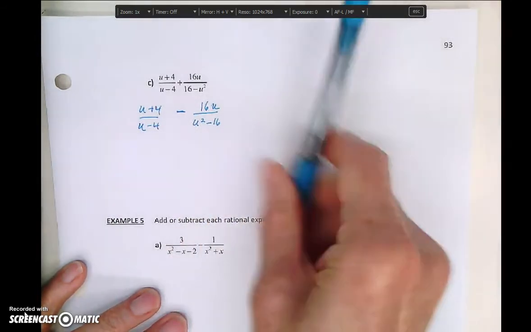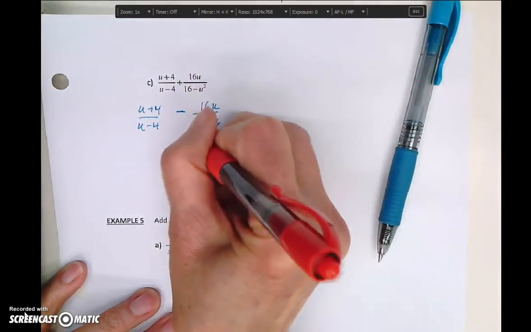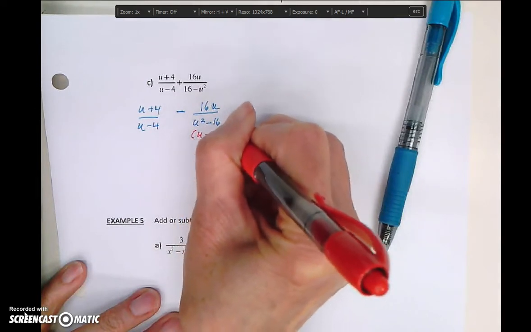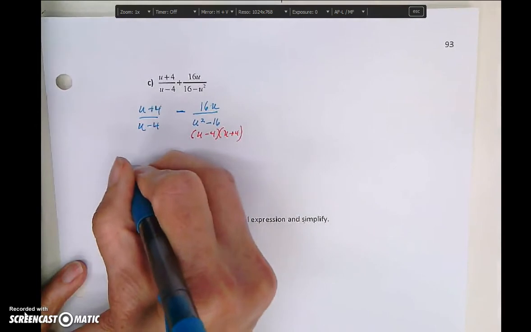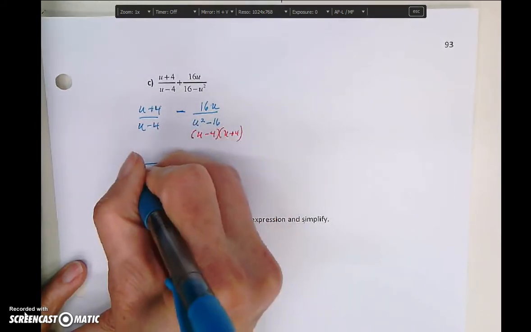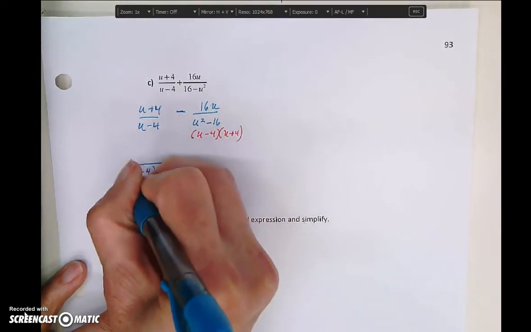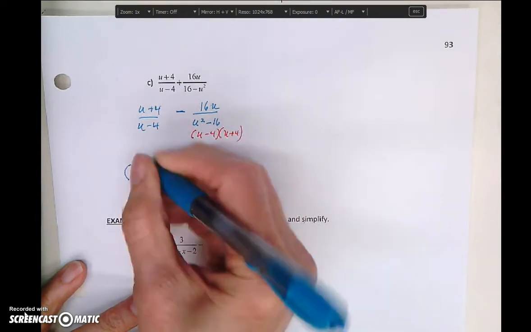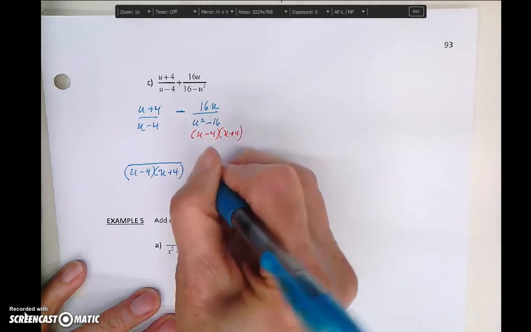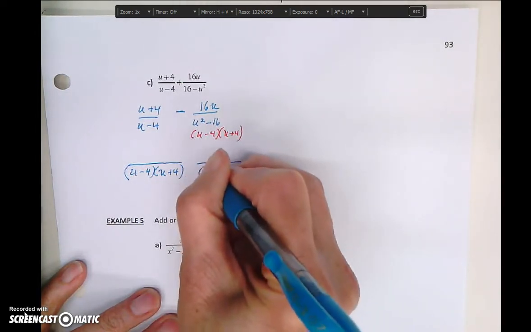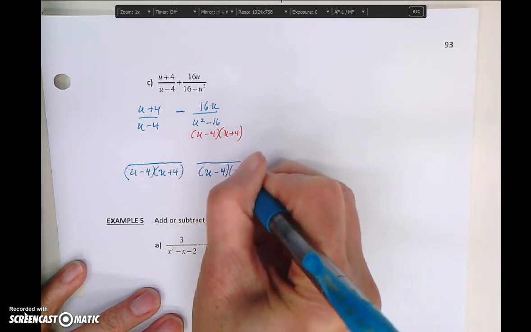All right, so I'm going to need to factor u minus 4, u plus 4. So my common denominator needs to have a u minus 4 in it. And it also needs to have a u plus 4 in it. So it needs to have one of each kind.